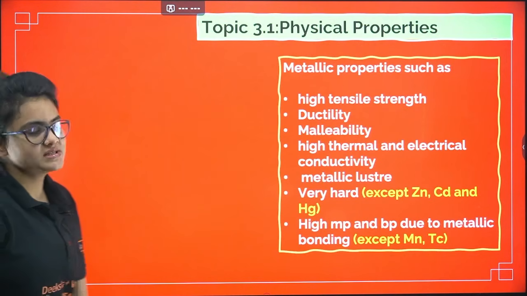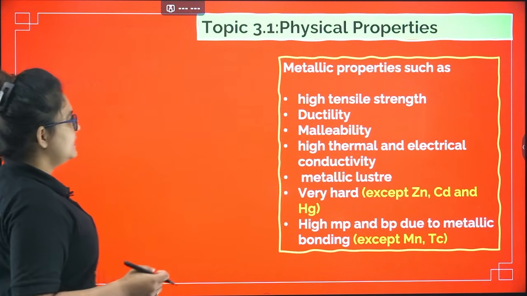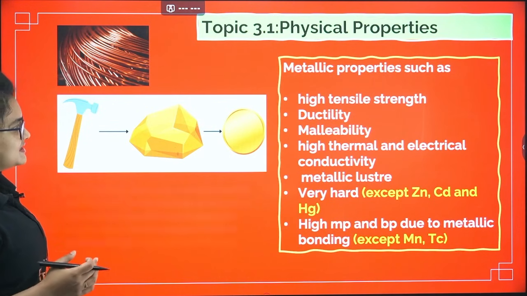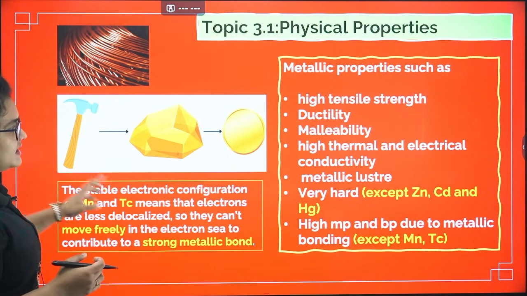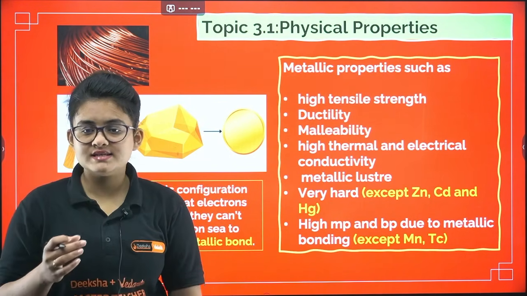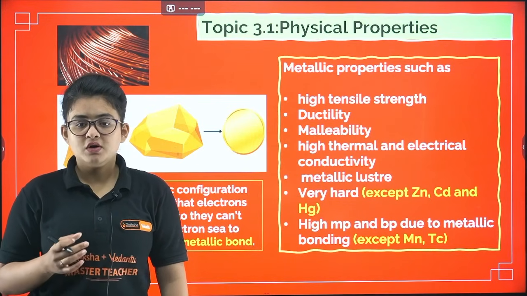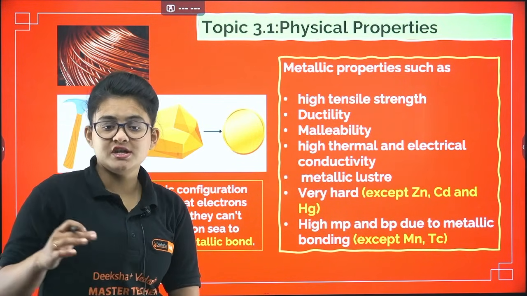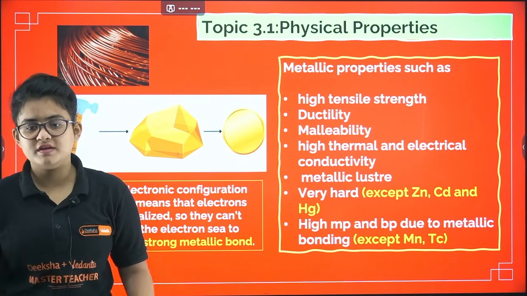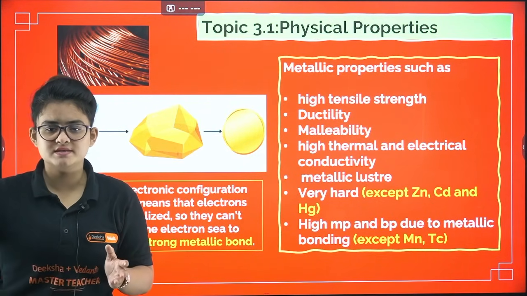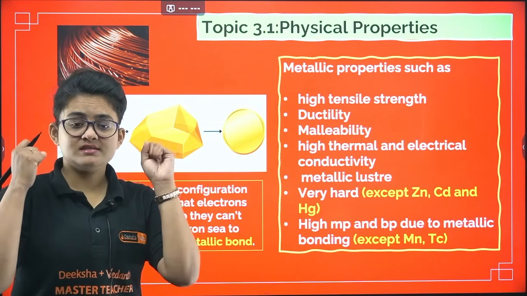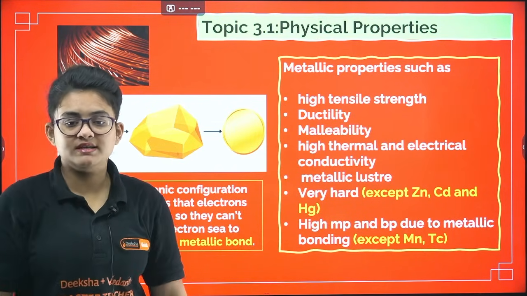First we are going to discuss the metallic properties. Definitely they have high tensile strength, ductility, malleability, high thermal and electrical conductivity, and metallic luster. They are very hard in nature, with high melting and boiling points, because they form very strong metallic bonding.